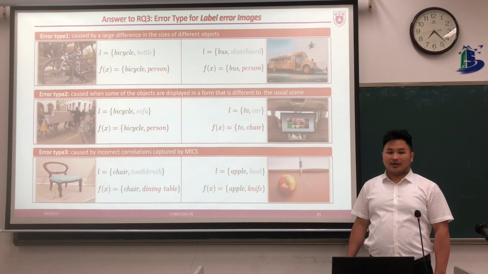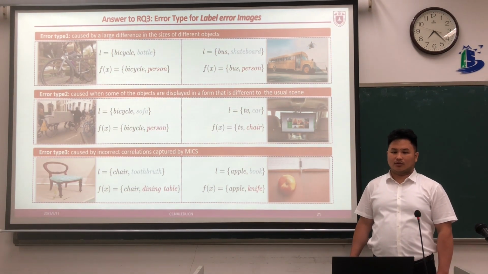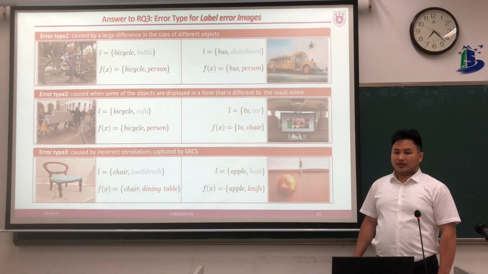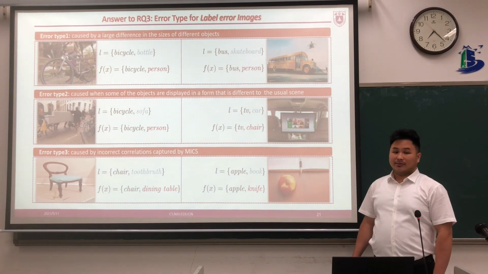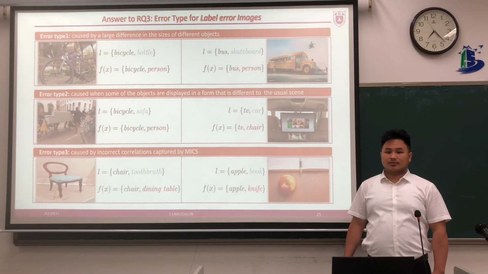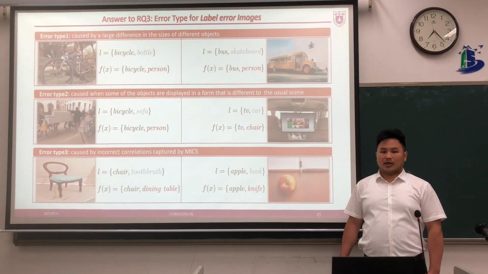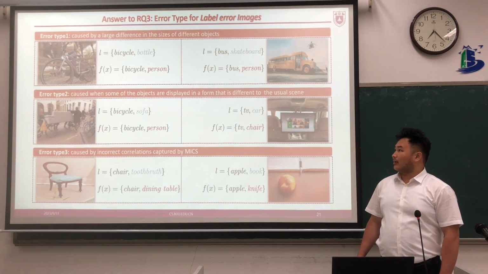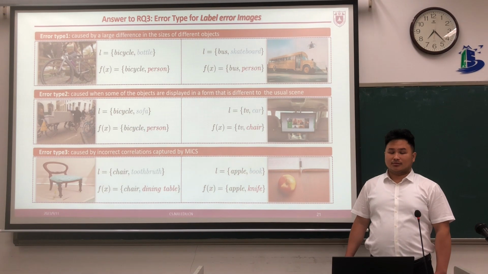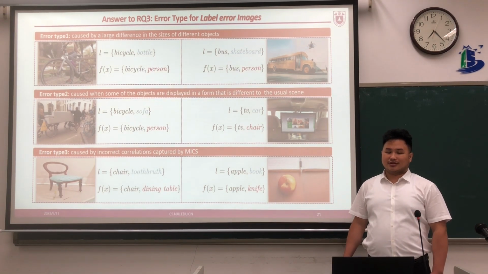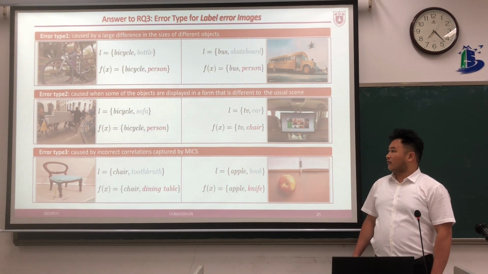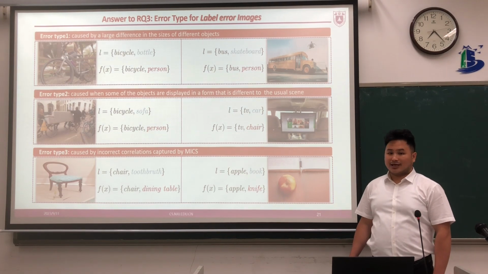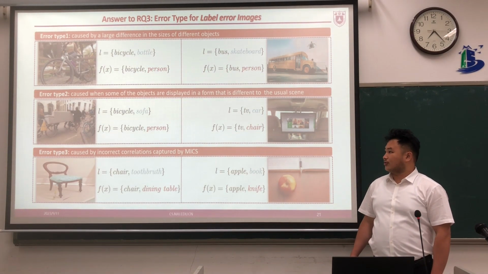For understanding why MSS makes mistakes when classifying specific label combinations, we manually check label error images and summarize 3 possible error types. Error type 1 is caused by the difference in the size of objects. For example, when testing the label combination bicycle and bottle, the bicycle is large but the bottle is small.